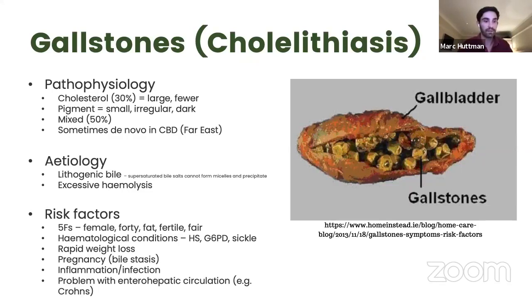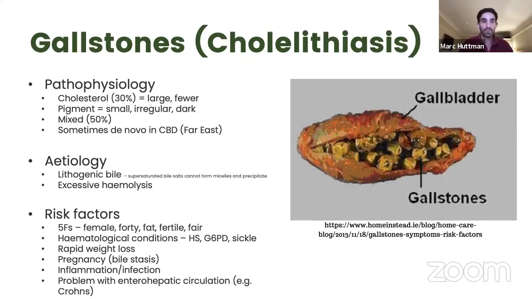So some risk factors. For cholesterol, you have the 5 Fs, which people may have heard about. So female, 40, i.e. slightly younger, fat, so being obese or overweight, fertile, because exposure to estrogen is part of the pathogenesis, and fair, as in being light-skinned.